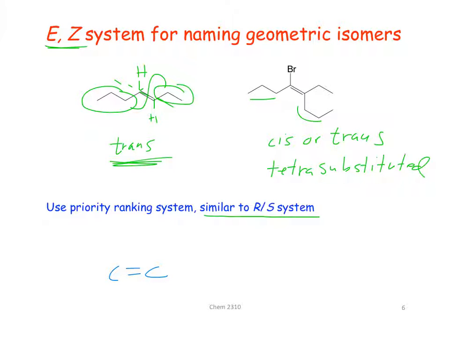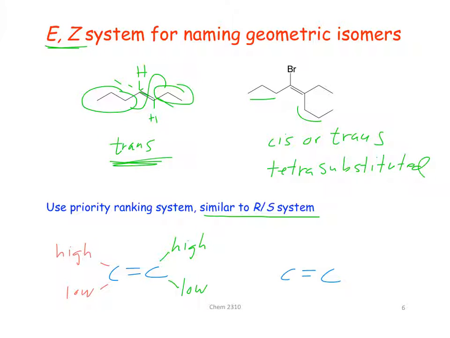We're going to have a carbon-carbon double bond, and on each end of the double bond, we're going to rank the 2 groups as either high or low. So on this one, we could have high and low. Then we rank the other end, and let's say we have high and low.